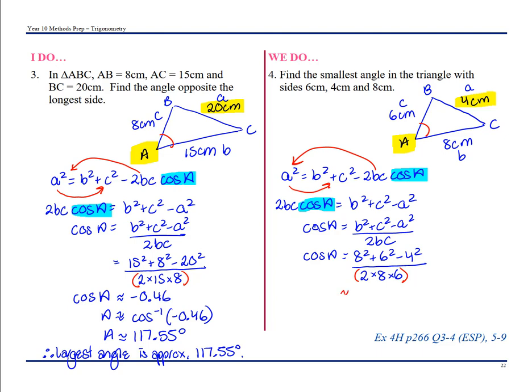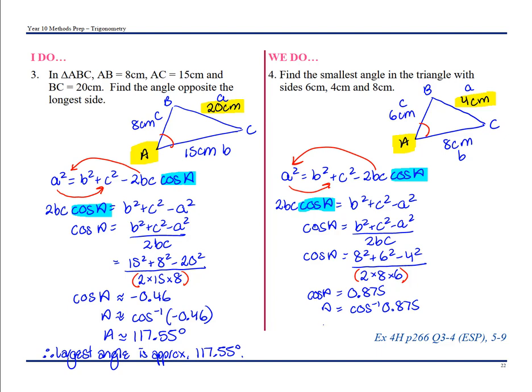You get approximately 0.87. Oh, it's actually equal to 0.875. So that's cos of A. So A is going to be inverse cos of that. Again, use that answer button on your calculator.